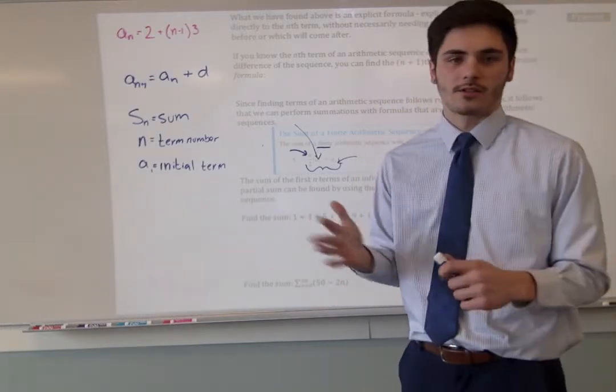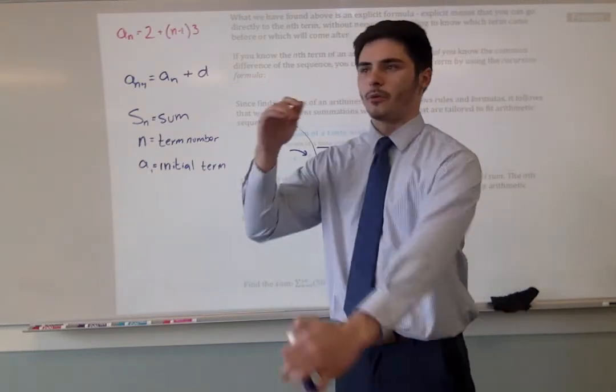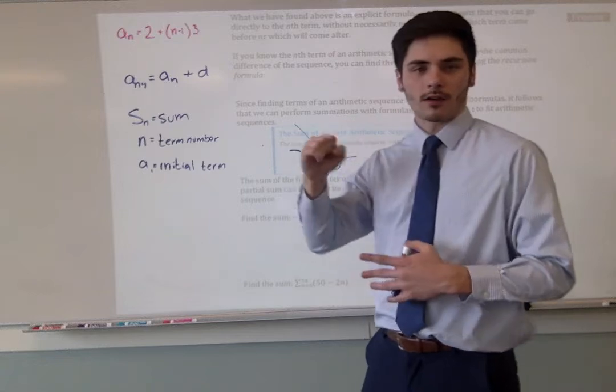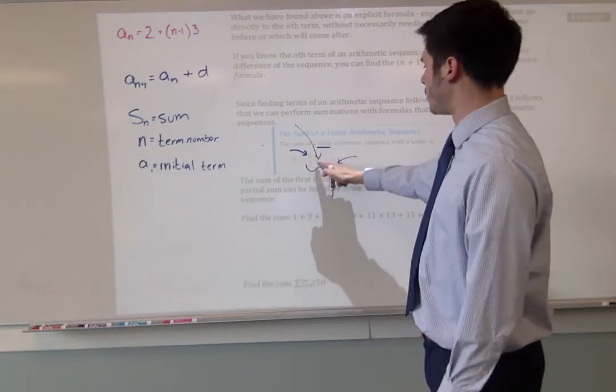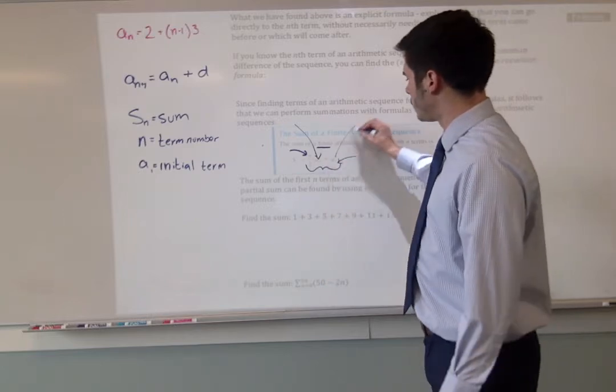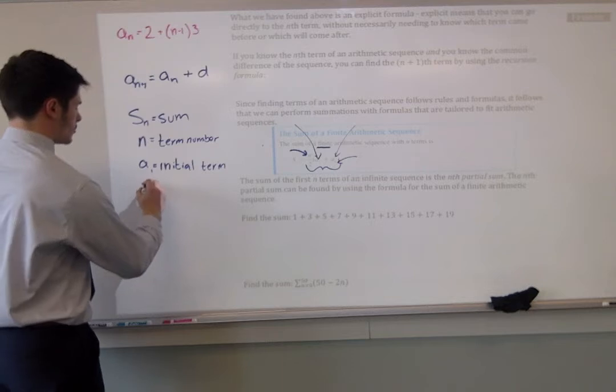It's N in this case, but most of the time when we have AI, or when we have the summation with the I on bottom, that means the initial term. So A1 is going to be the initial term, and AN, like we said, is going to be the term that we're trying to find.